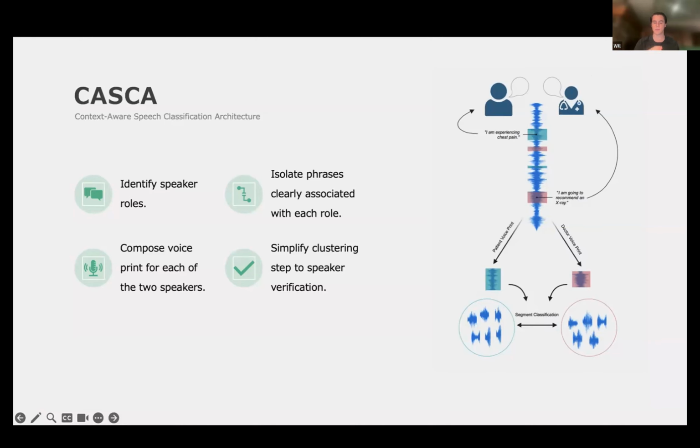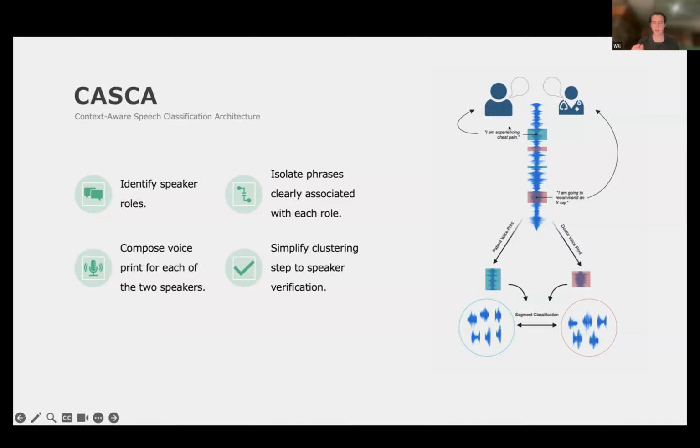But some of the phrases used within the conversation, such as I'm going to recommend an X-ray in the case of the doctor, or I'm experiencing chest pain in the case of the patient, are clearly associated with one of the two roles. So if you're able to identify clear distinctions within the speaker roles, certain phrases are going to provide very strong contextual cues as to the speaker source of those phrases.